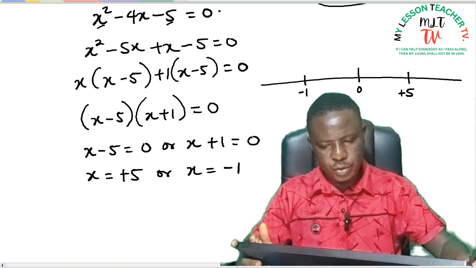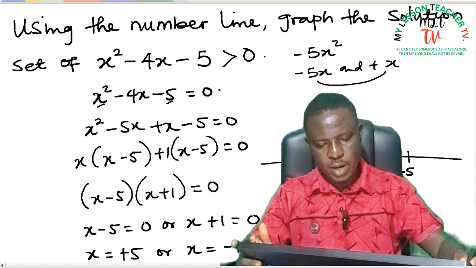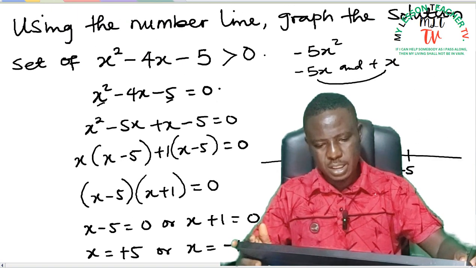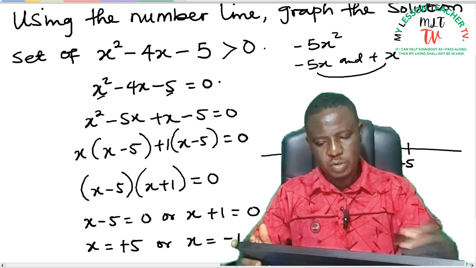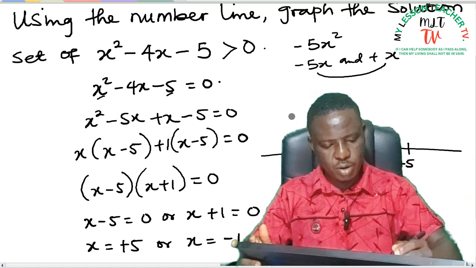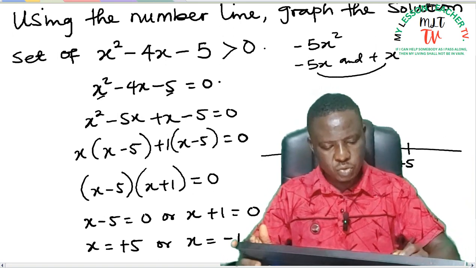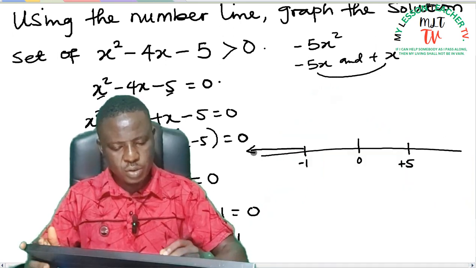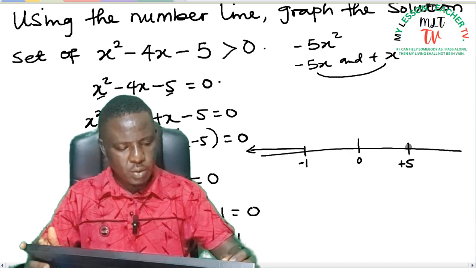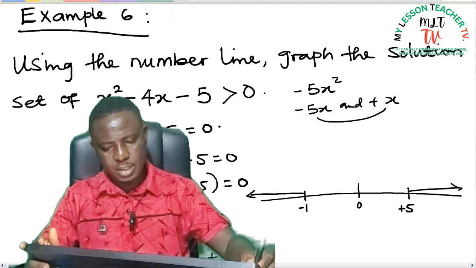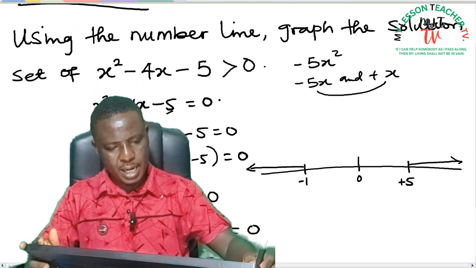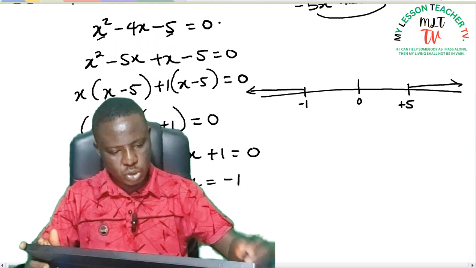So we are asked to find the region where this parabola is greater than 0. Now, since it is a U-shaped graph, it's going to be at this region where the value is said to be greater than 0, and at this region. So we are asked to use number line and to graph the solution.